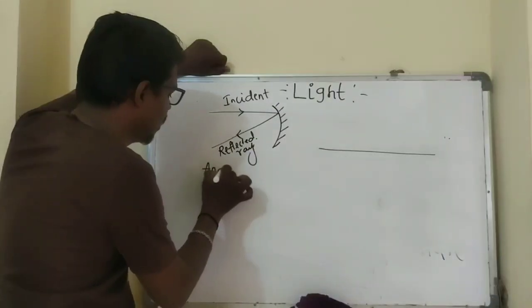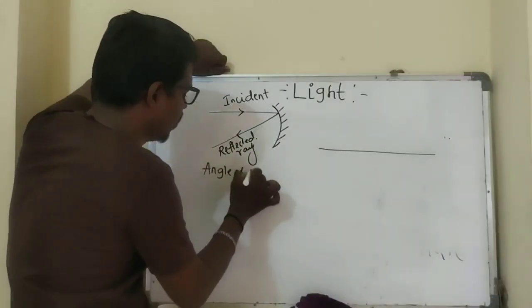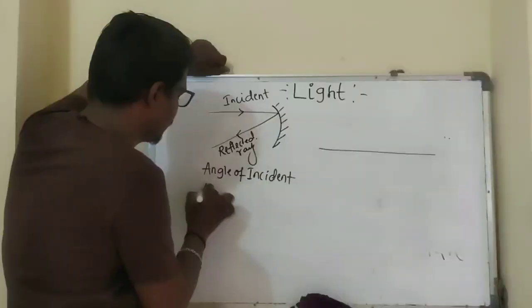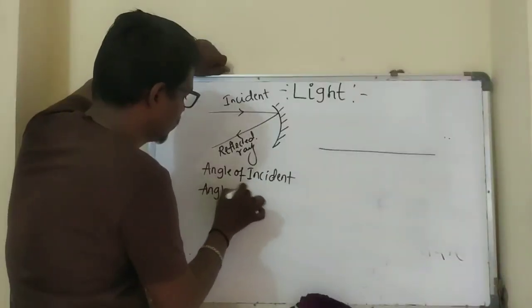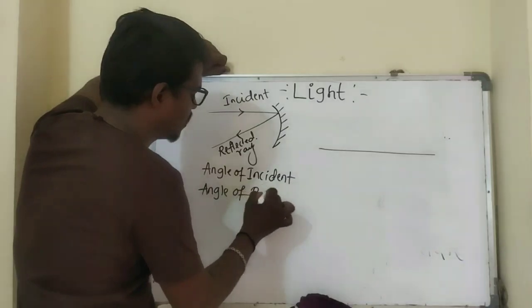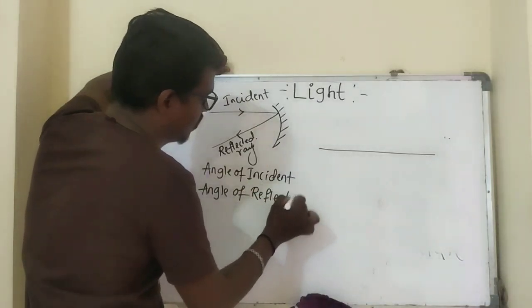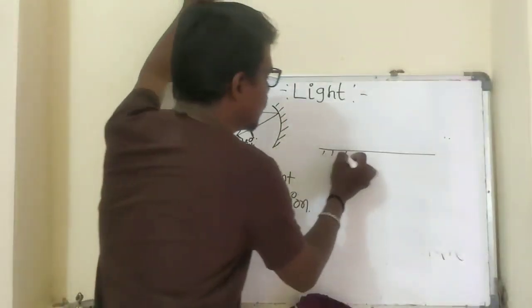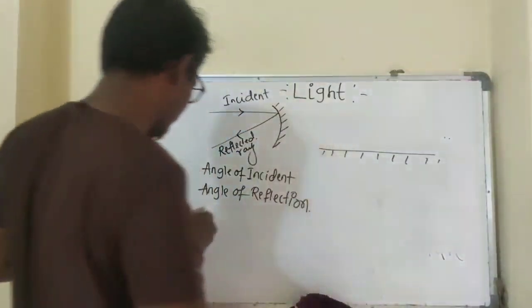Now we will see the concept of angle of incident and angle of reflection. So assume this is a plane mirror, a reflecting surface.